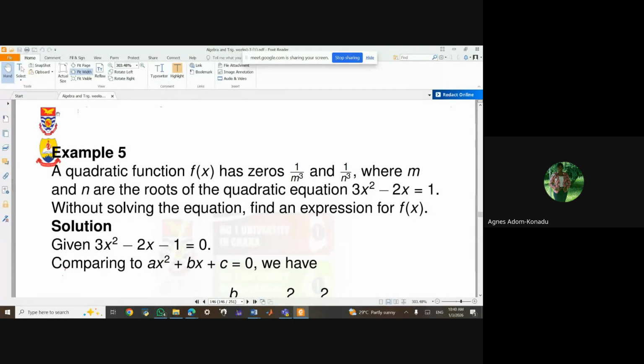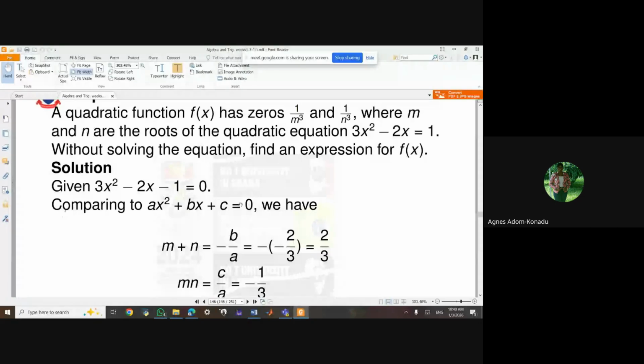So we want to find a quadratic function which has the roots to be this and this. That's the question we are solving. But the question goes further to say that m and n are the roots of this function, 3x squared minus 2x minus 1. This is the same as this.